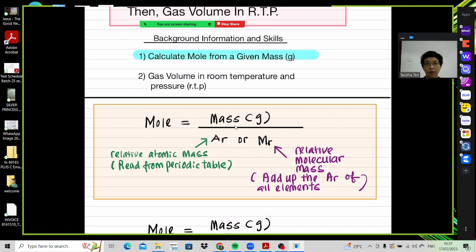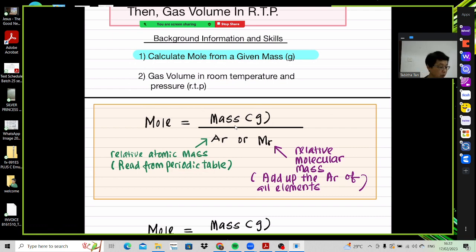AR is the short form for relative atomic mass. And where can we find this information? You can just go to the periodic table and read directly from it.